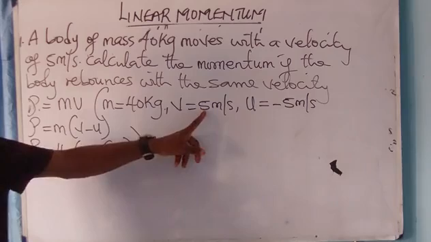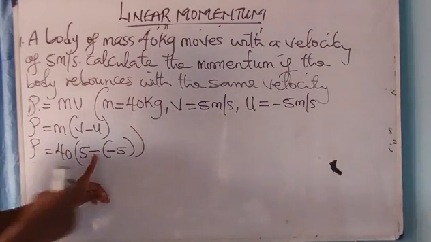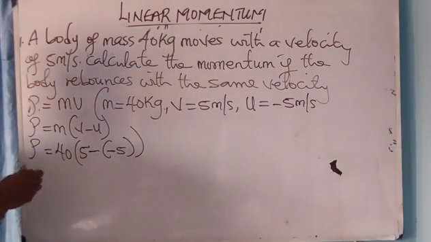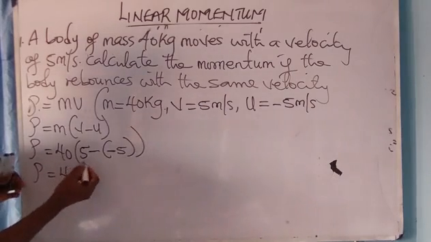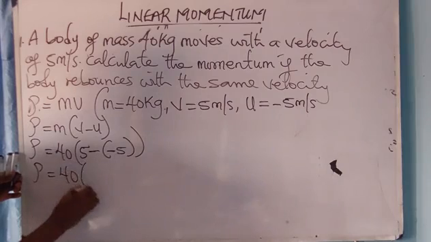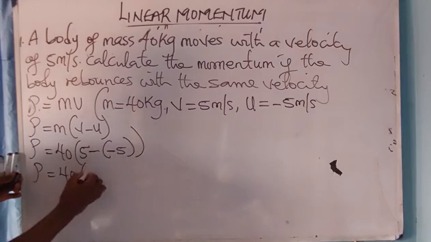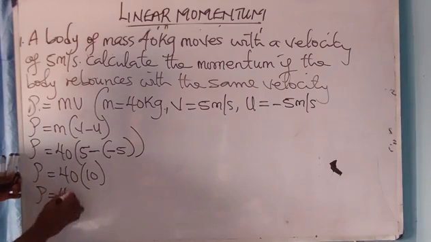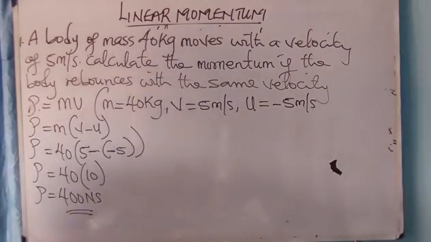This v is this 5, and since it rebounded, u is minus 5. So momentum is 40 times open bracket, minus times minus is plus, so 5 plus 5, I have 10. Therefore 40 times 10 is 400 Newton second.